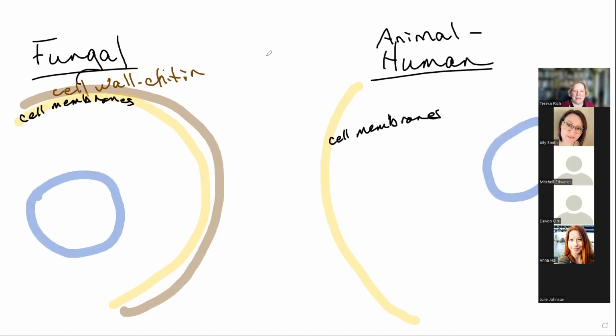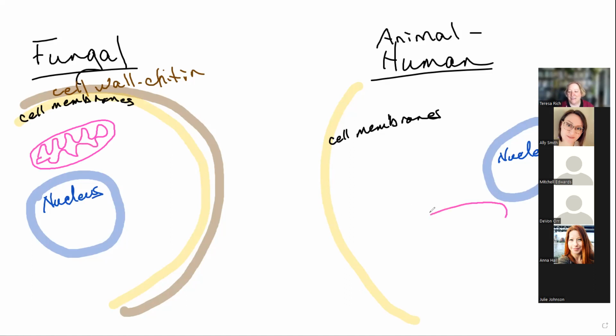Yes, that's what makes a eukaryotic cell a eukaryotic cell. Okay, do they both have mitochondria? You would think not, but actually they do. Fungi have mitochondria. Yeah, they've got them.